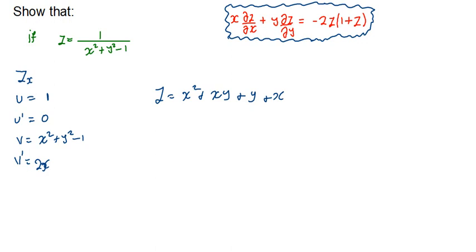So if I want to find the partial derivative of z with respect to x, I'm going to differentiate that one as well as that one as well as this one here. Then this one, more like a lonely y, is just on its own. And I'm saying so because I'm finding the partial derivative with respect to x.